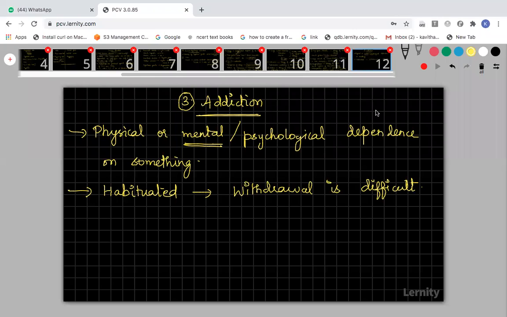If you are not maintaining that limit, then automatically you will become more habituated to it. When you become more habituated, you will become addicted, and then withdrawal will be very difficult. Withdrawal means coming out from that. If you are finding it difficult to come out from something, then it indirectly means you are addicted to that.